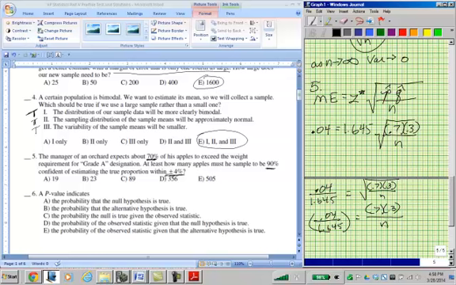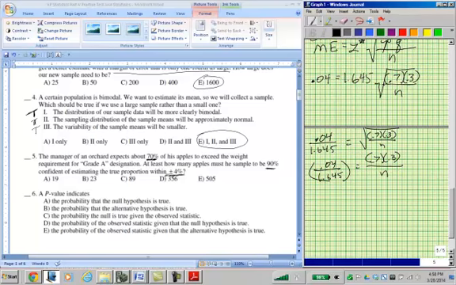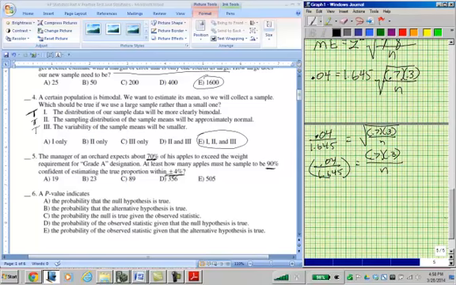Now, the simplest way to do this, we can cross multiply or whatever. We don't really need to do that. We can imagine this being multiplied by 1. n is going to equal 0.7 times 0.3 divided by (0.04 divided by 1.645) squared.